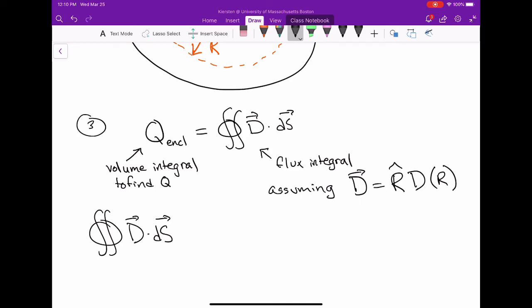And when we're doing a surface integral over a sphere, we know that the differential surface element dS is going to be r hat for one, and then it's going to be r squared sine theta d theta d phi. If you don't remember why it's like that, think back to the day in class where we did all those diagrams and pictures in the coordinate systems. I think that was chapter 3.